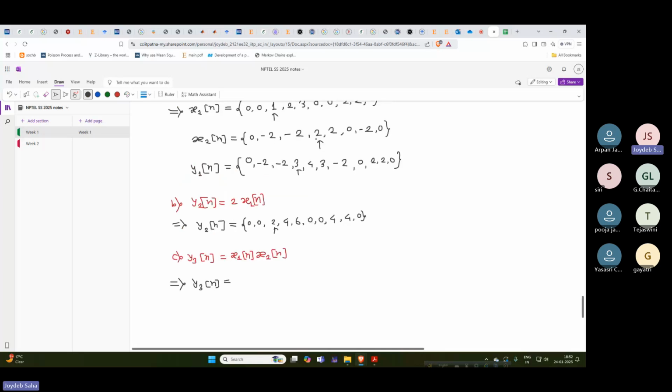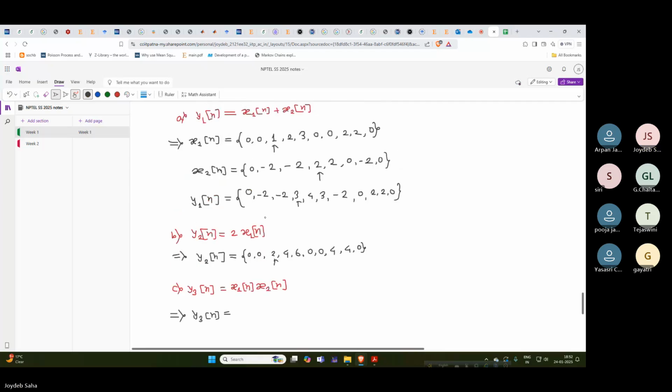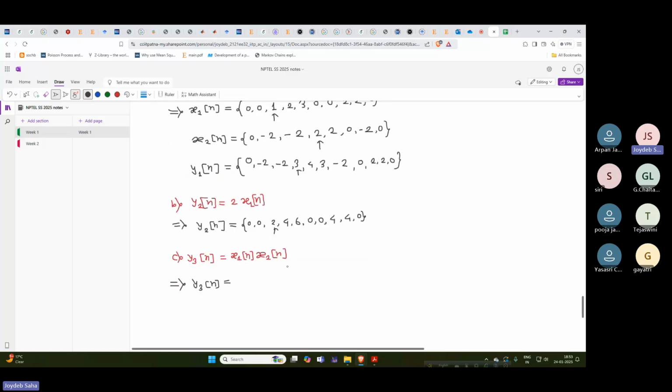Again, this will be multiplied with this. It is 2, right? Before that, minus 2 into 0 will be 0. This is also 0, 0.